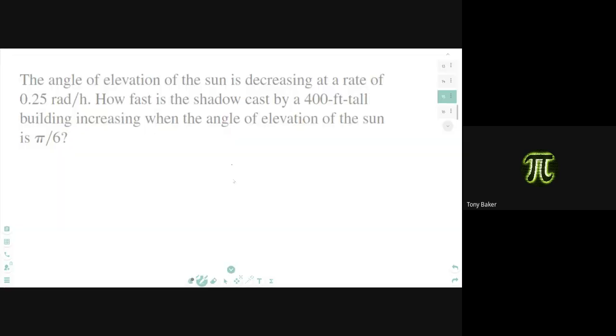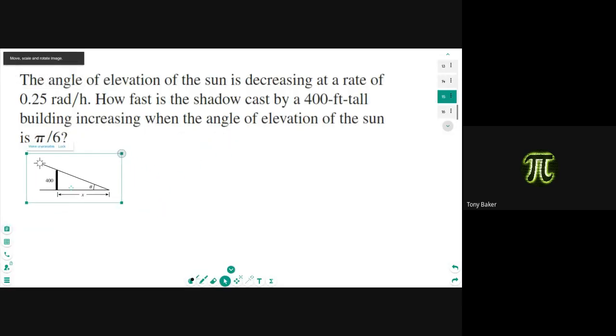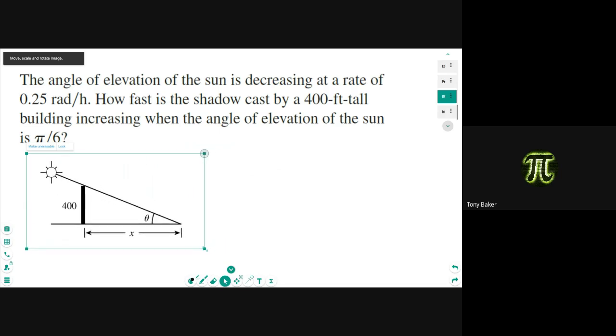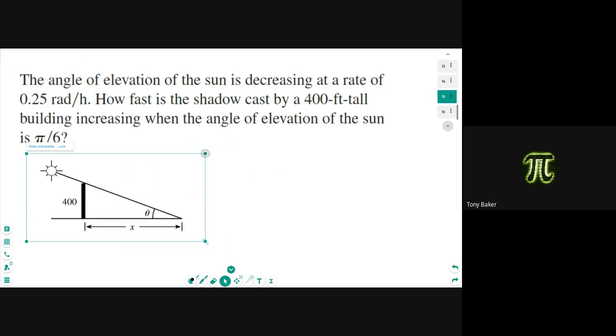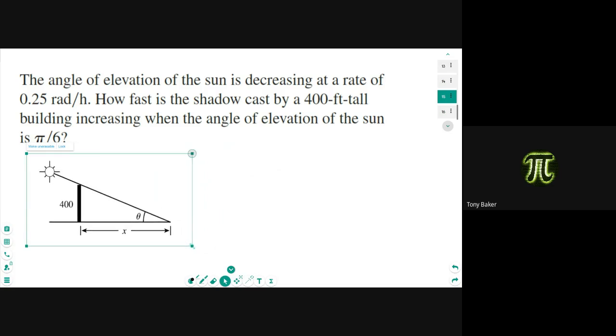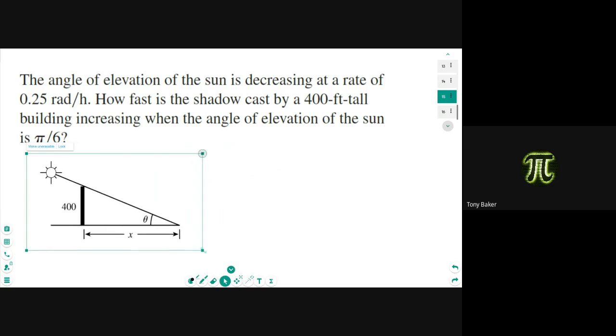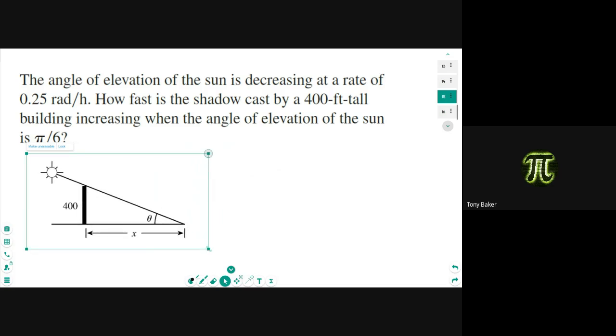Everybody got that backwards. Well, most people. Oh, I was wrong. Never mind. I said a 400-foot building. I thought for some reason I was reading it as a 400-foot shadow. So never mind. Switching back.